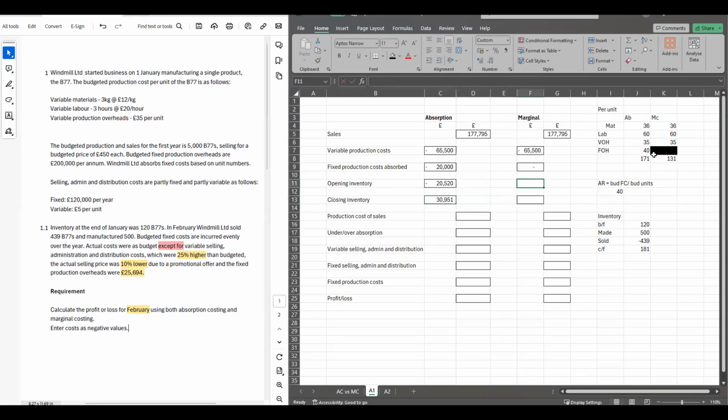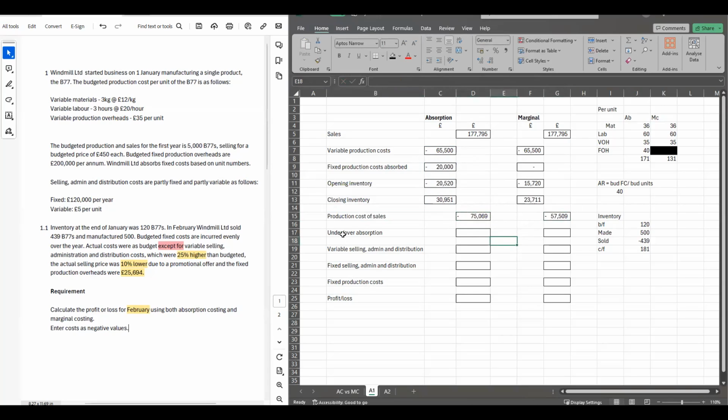And it's the same principle for marginal cost, the 120, but now it's being multiplied by the 131. And of course, for the closing inventory, it's being multiplied by the 131 as well. So that's where we're going to, of course, have a difference in these numbers, is, like I said, the fixed production cost and then the inventory. And then in terms of our production cost of sales, we will then just total up these boxes.